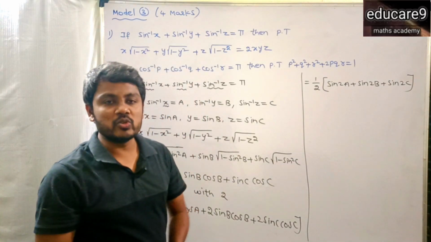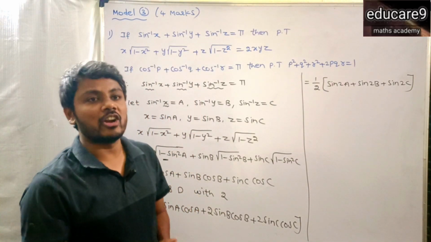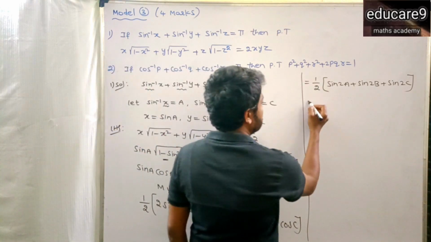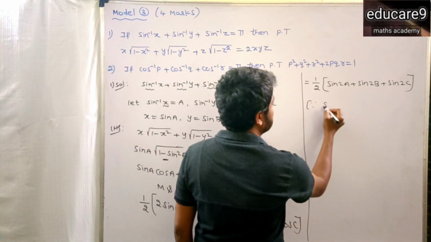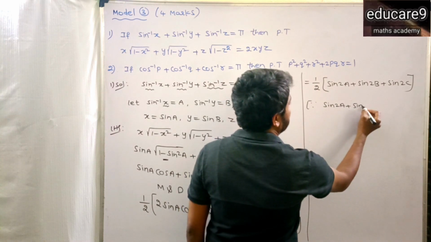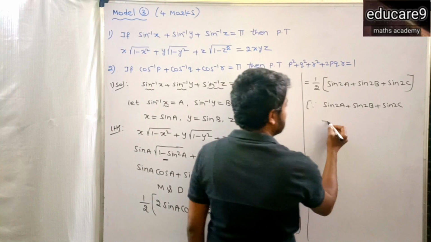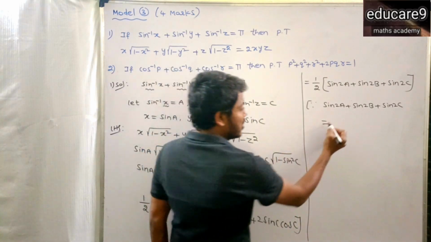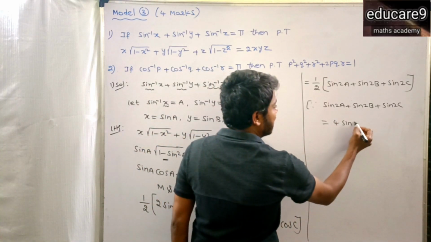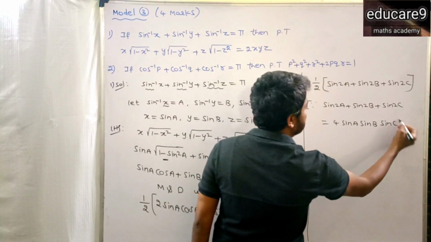So again we can use the trigonometric formula from the transformations. So we can write directly sin 2A plus sin 2B plus sin 2C. This formula is 4 sin A sin B sin C.